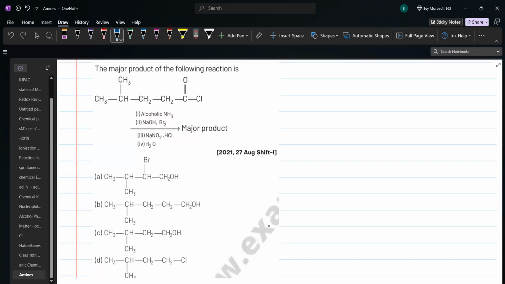See, a very special type of reaction happens. Do you have any idea from the word degradation? Hoffman was the scientist. Bromide degradation means bromine would be there. And what is degraded here?